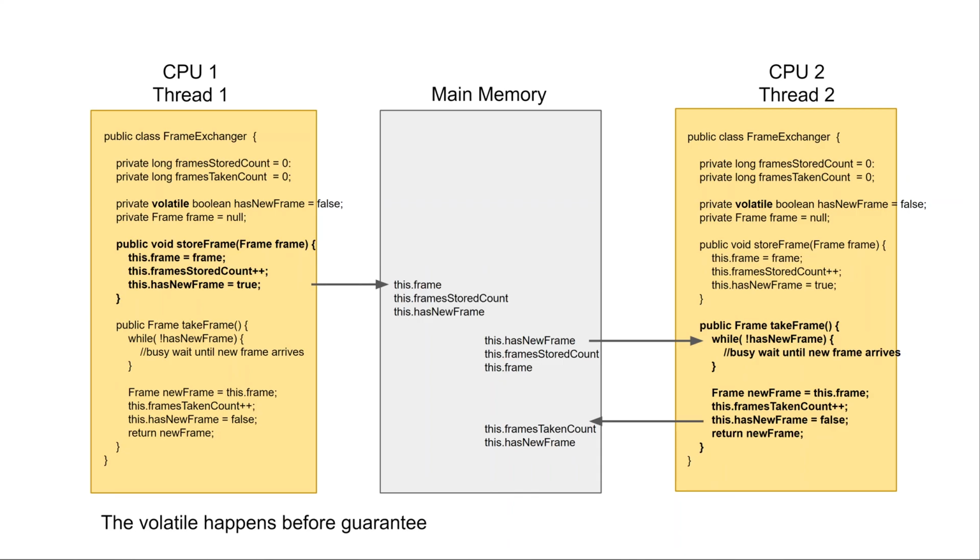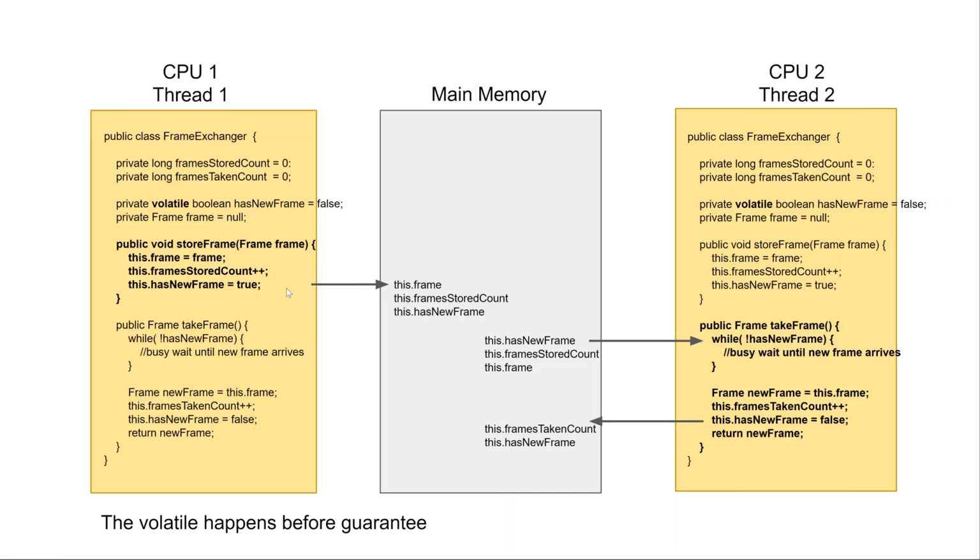In order to fix the problems that potential instruction reordering can cause with regards to visibility of volatile variables, Java has introduced the volatile happens before guarantee. And there's a guarantee both for writing to volatile variables and reading from volatile variables.